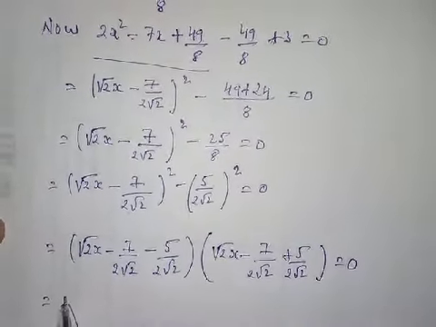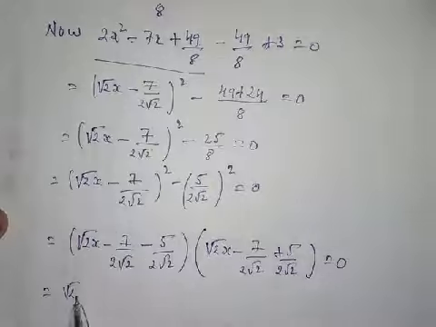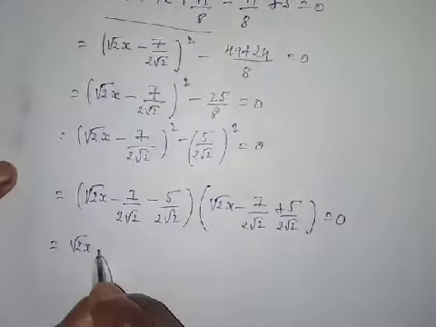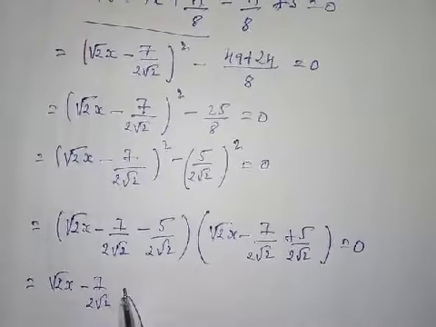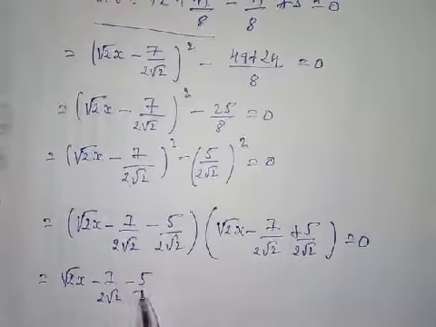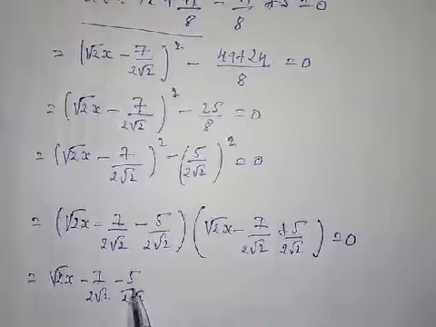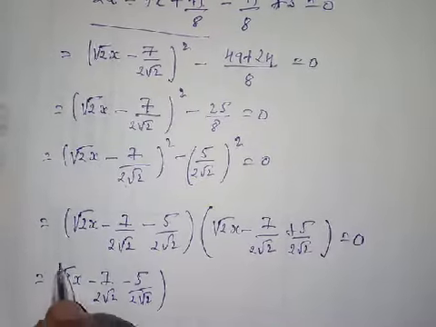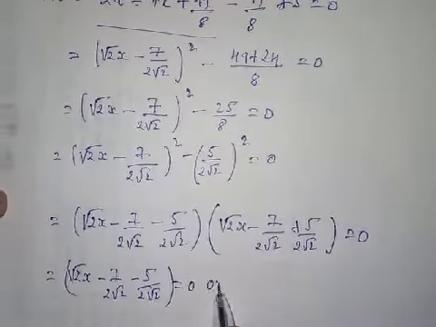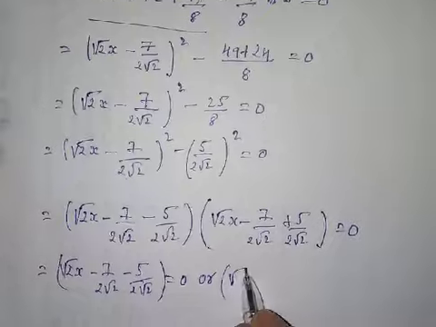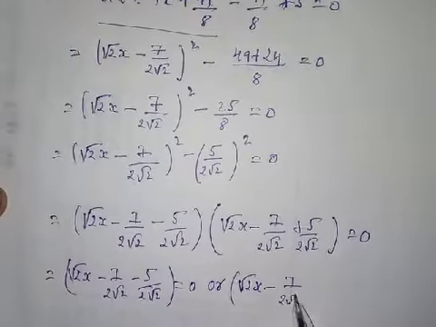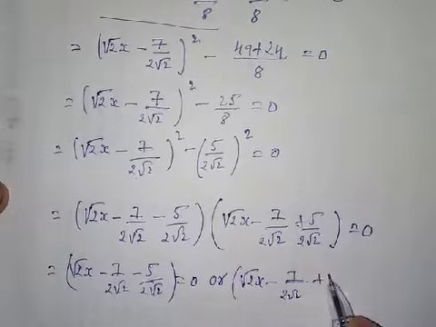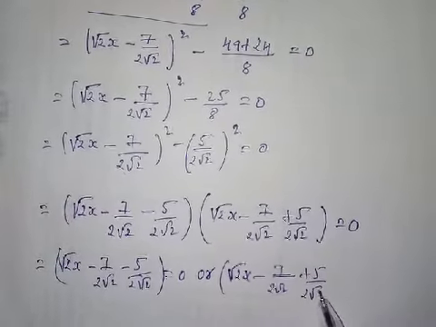So we have root 2x − 7 upon 2 root 2 − 5 upon 2 root 2 equal to 0, or root 2x − 7 upon 2 root 2 + 5 upon 2 root 2 is equal to 0. So this constant you take on that side. You get root 2x is equal to plus 7 upon 2 root 2 plus 5 upon 2 root 2.